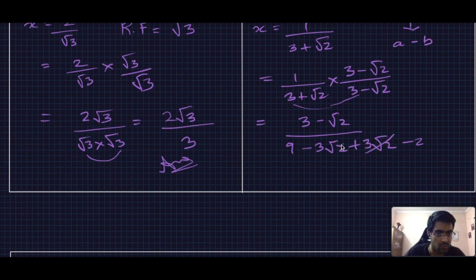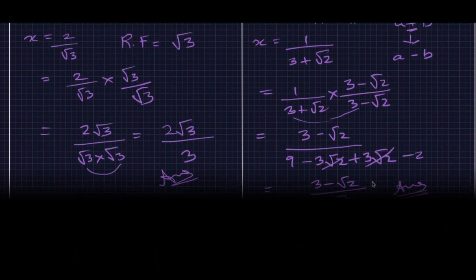So plus 3 root 2 and minus 3 root 2 cancel. We are left with 3 minus root 2 divided by 9 minus 2, that is 7. Now see, my denominator is rationalized. I don't have 3 plus root 2 in the denominator. It's a rational number, 7. So this is my answer.